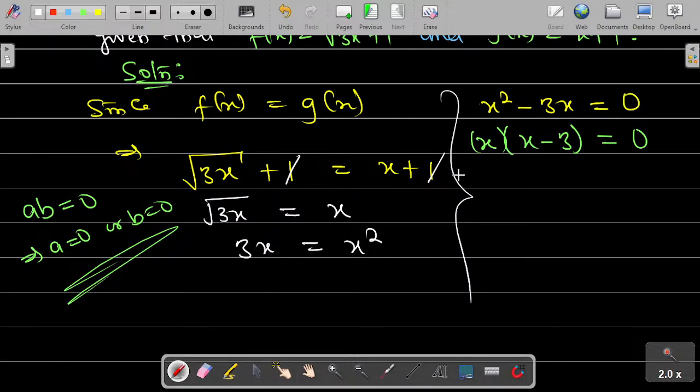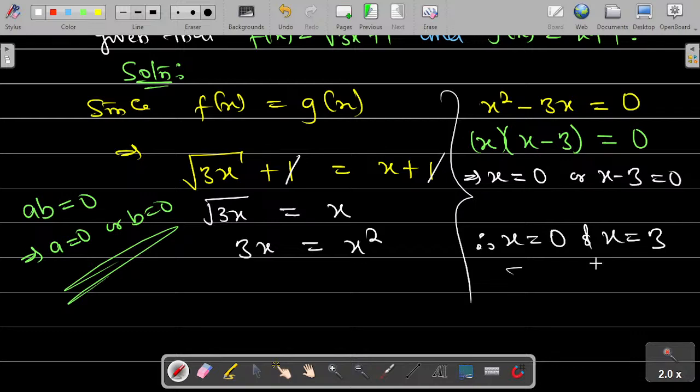So we apply that. This now means that either x is 0 or x minus 3 is 0, and you are done. Therefore our x is equal to 0, and then our x is equal to positive 3, if you take minus 3 to this side. So you get 0 and positive 3.